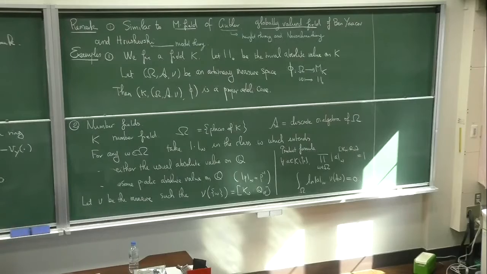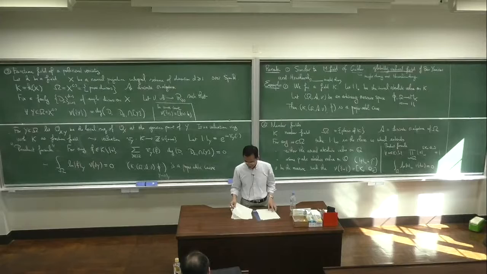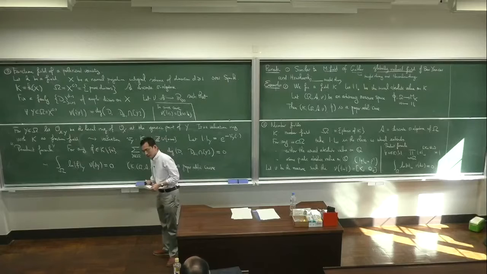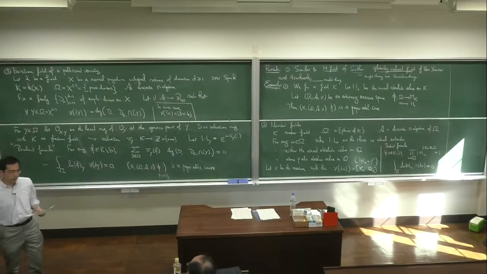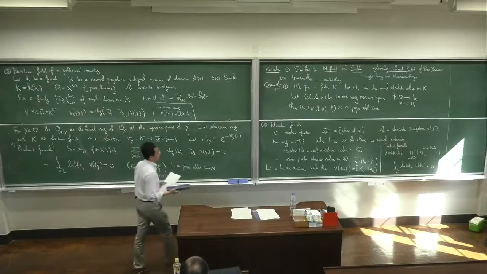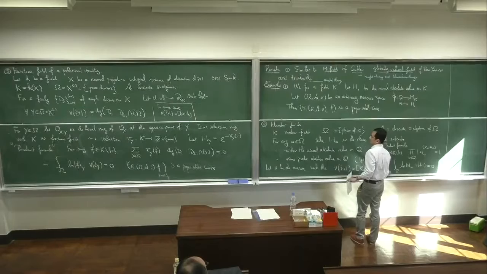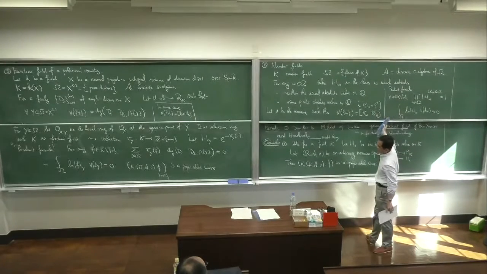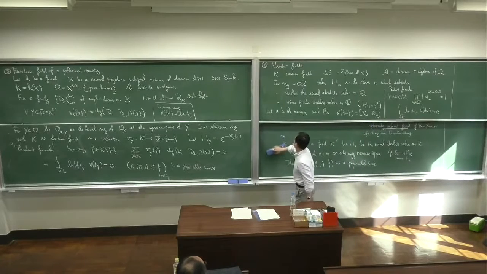So now I would like to introduce an example which is somehow interesting in number theory. And then you need to introduce some non-trivial sigma algebra to have a good structure of adelic curve. So that explains why we need something which is a little bit more difficult than just taking a sum. We need to take some measure.